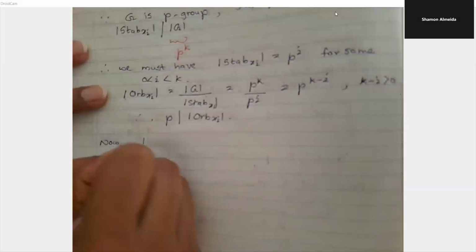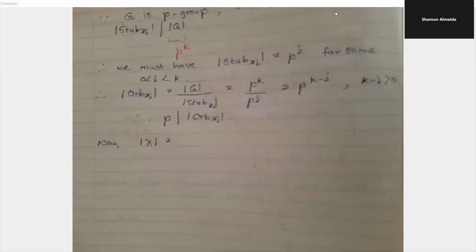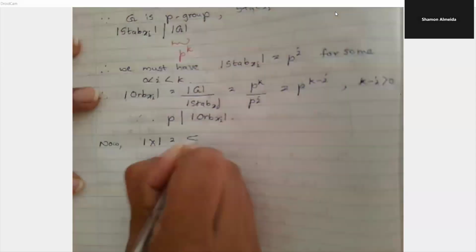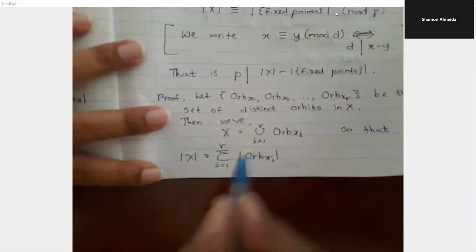Now, the number of elements in X is equal to, remember, X is the union of all orbits in it, right? So we can take this to be this summation. We have already written the summation.